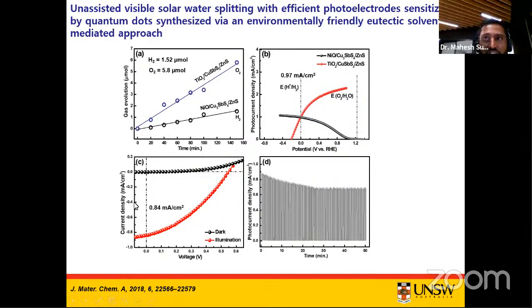So when the JV curve was measured by illuminating from the photocathode side, the photoelectrolysis cell showed a short circuit current density of about 0.84 milliampere per centimeter square, and an open circuit voltage of about 0.55 volt.